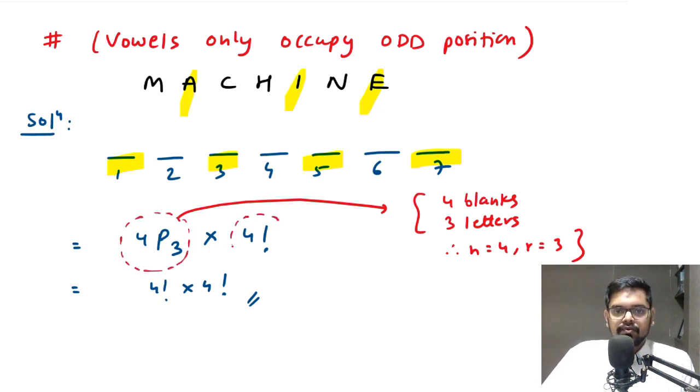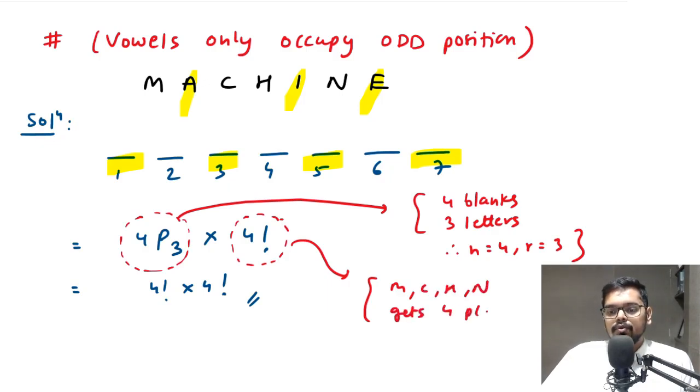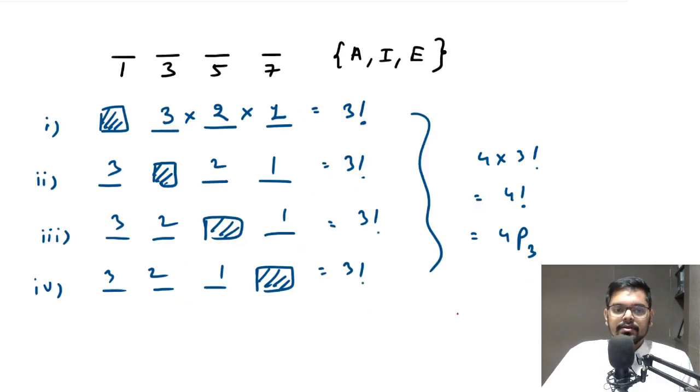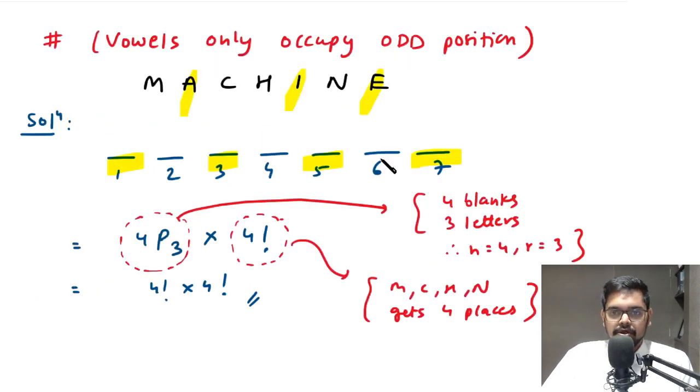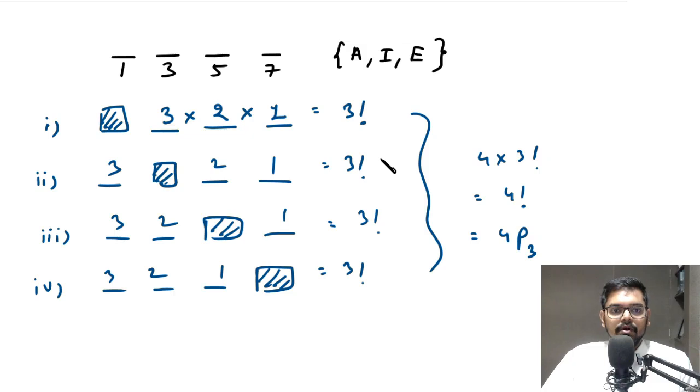And why is this 4 factorial, why not 4P3? Because MCHN gets 4 places. From where does it get the 4th place? From this blank it gets the 4th place. Otherwise, you know the 4P1 position very well, right? Okay, so that's it for today.